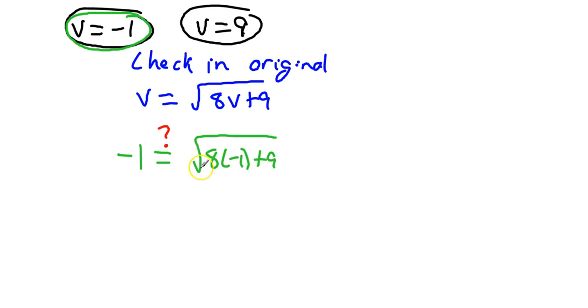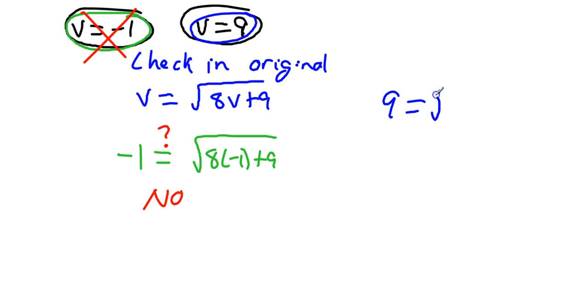Can the square root of anything be a negative number? So that one's out. You automatically know that one's out. If you get a negative answer, there's probably a really good chance with these problems it's not going to work.